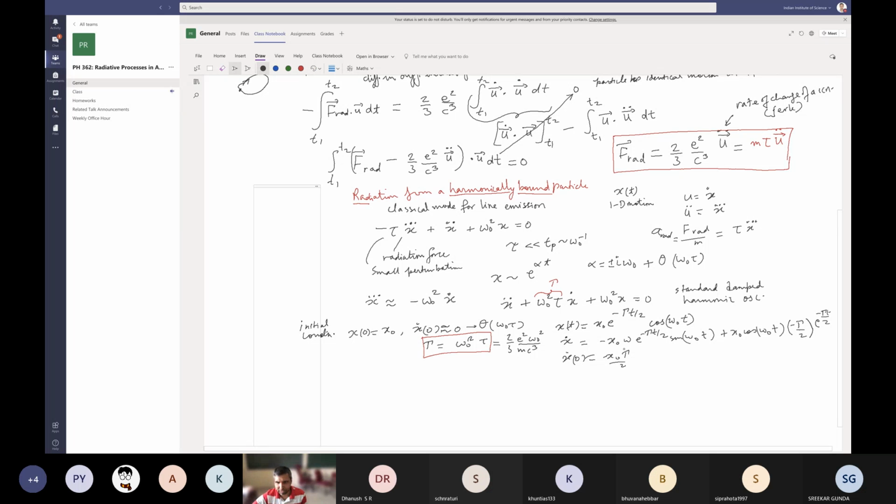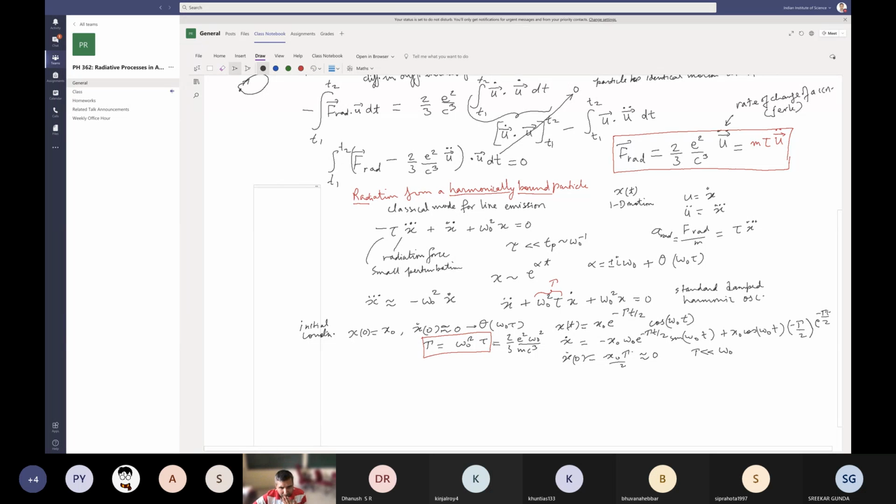So this is omega naught squared tau. In the limit that gamma is much less than omega naught, which is true, this is approximately 0, so it satisfies this initial condition. That's why there was this approximate sign.